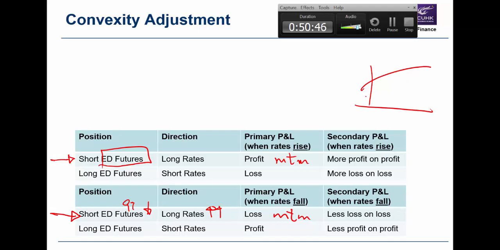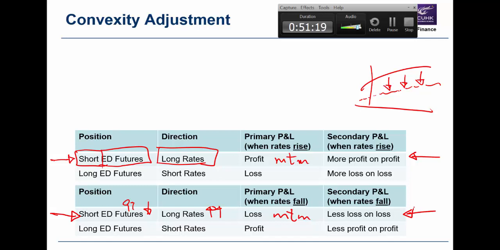And after you do the trade, interest rates started going down, so now it's here. You've got it wrong, but you're going to need to borrow money to pay for the margining. But your borrowing cost will be less because interest rates themselves have dropped. So what that means is when you are short the Eurodollar futures, when you're long rates, you have more profit on profit and less loss on loss.